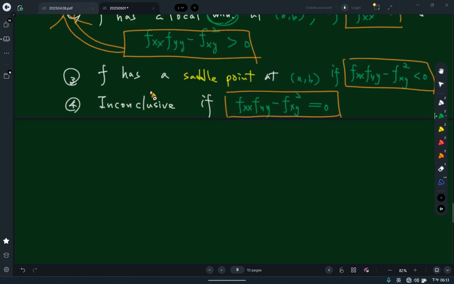So before we go to the end, I'd like to give you an example so that you can have some impression about how to use the discriminant and how to use the rule to distinguish if we can have an extreme value at some point.